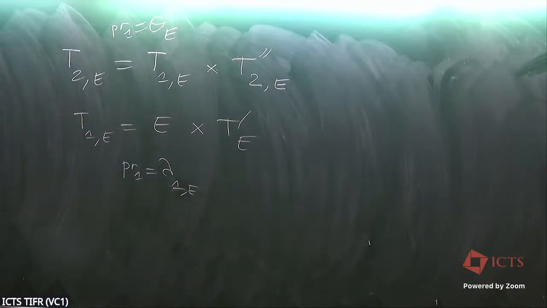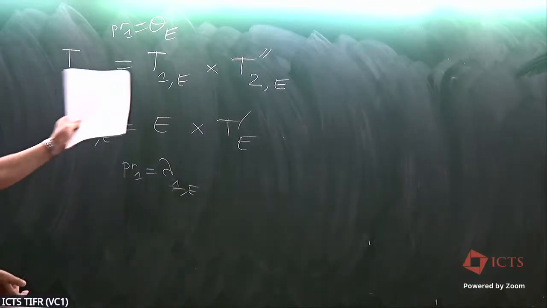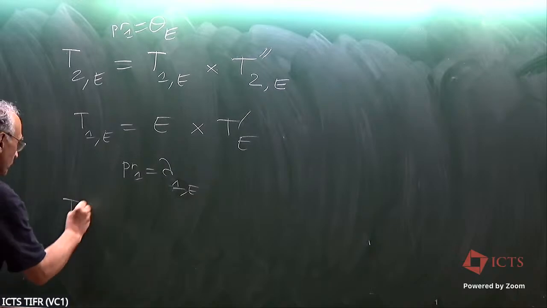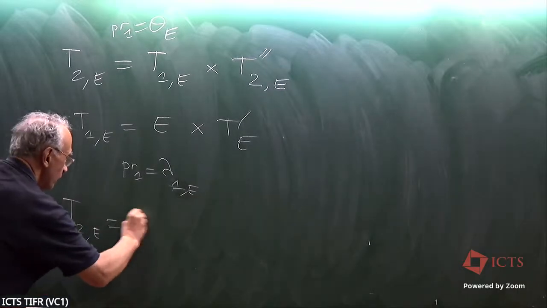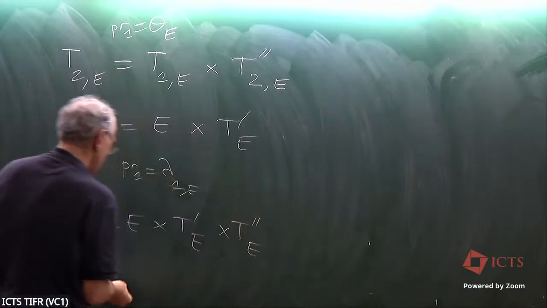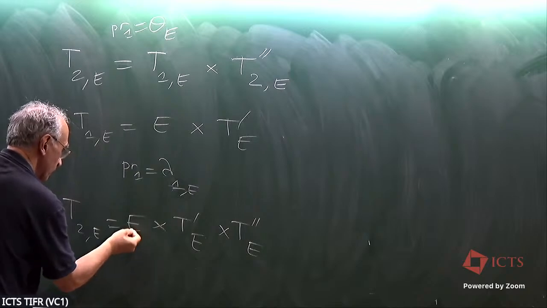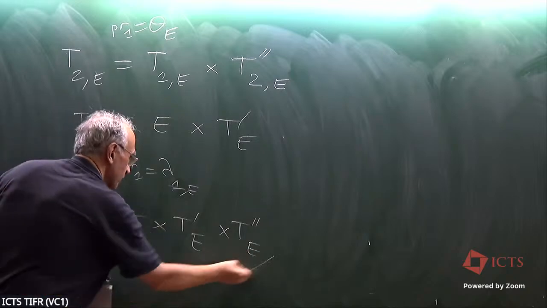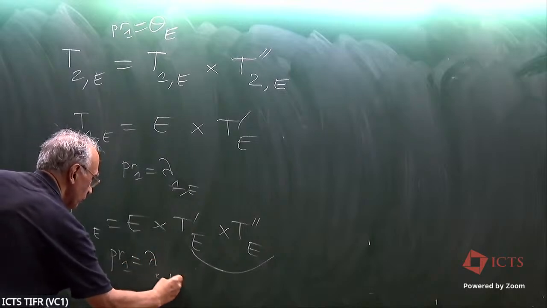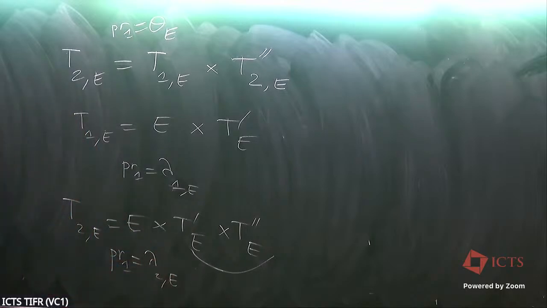We split this and we split that. So actually, we could also split T2⊗E as E times T'⊗E times T''⊗E. So here the first projection would be λ2,E, because λ2 by definition is λ1 composed with θ.